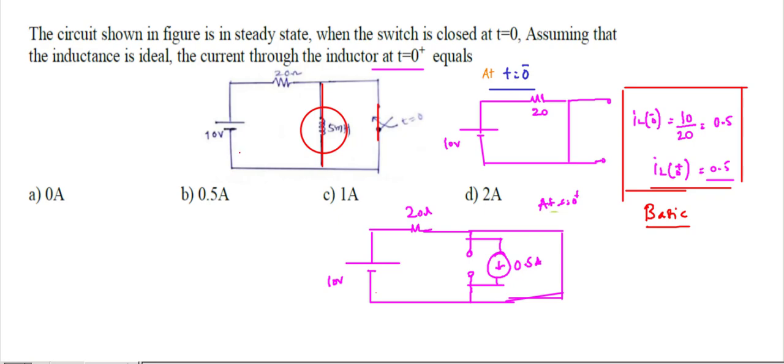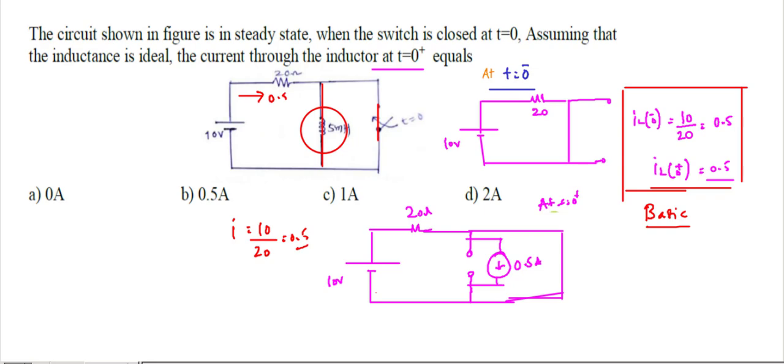Now whenever the switch is closed for t greater than 0, this inductor is short circuited. So now the current is I equal to 10 by 20, that equals 0.5 amperes. Whenever the short circuit is there, I am getting 0.5 amperes.